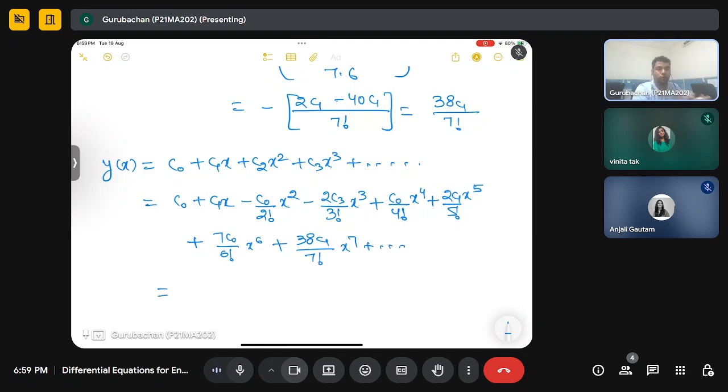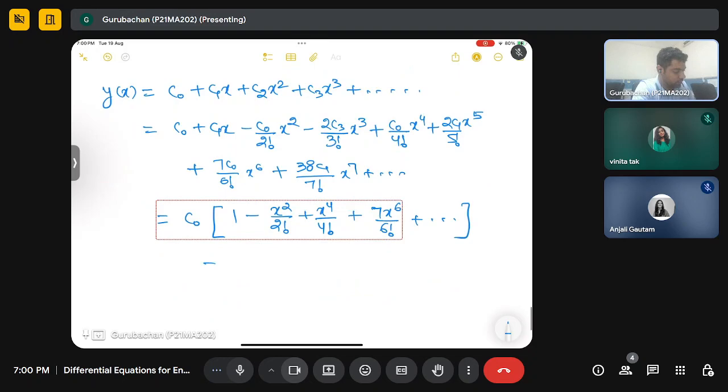So what we will do, we will write in terms of C0 y1(x) and C1 y2(x). If we take C0 common and combine the terms, it will be 1 minus x squared by 2 factorial plus x to the power 4 by 4 factorial plus 7 x to the power 6 by 6 factorial, and it will go on.